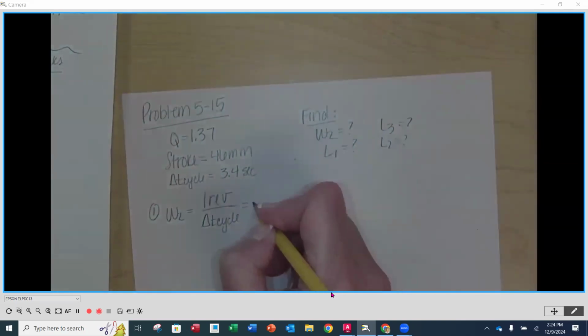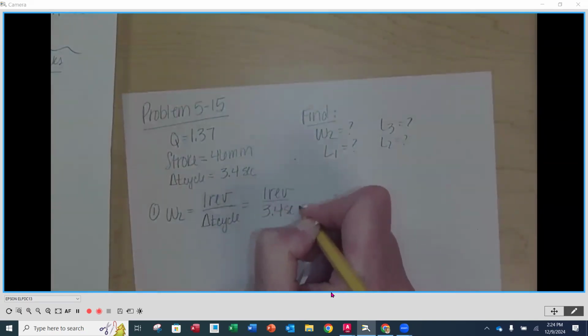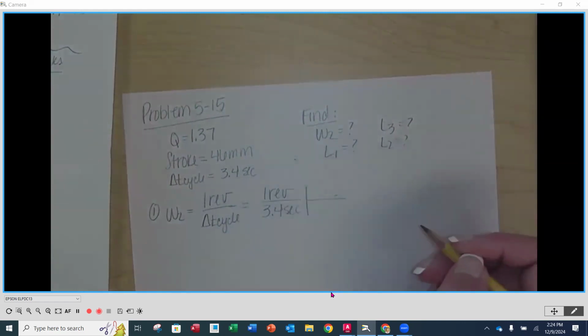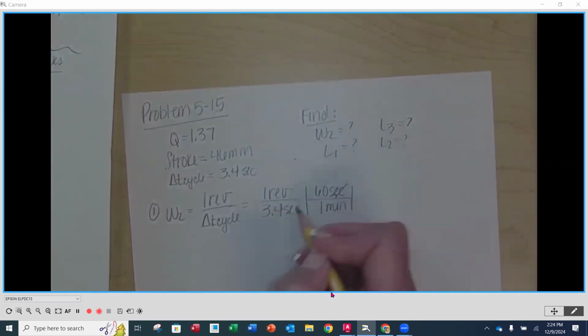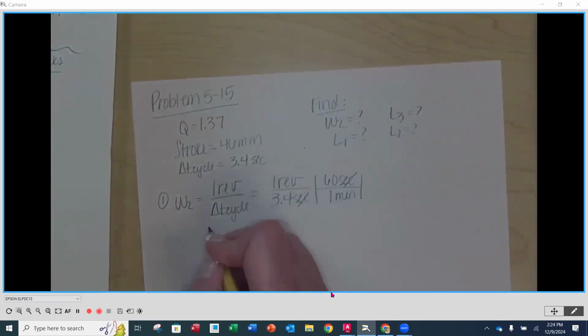So 1 revolution for 3.4 seconds. And then I've got to convert this to RPMs. So I know that there's 60 seconds in 1 minute. Seconds cancel. So my W2, what do we get?